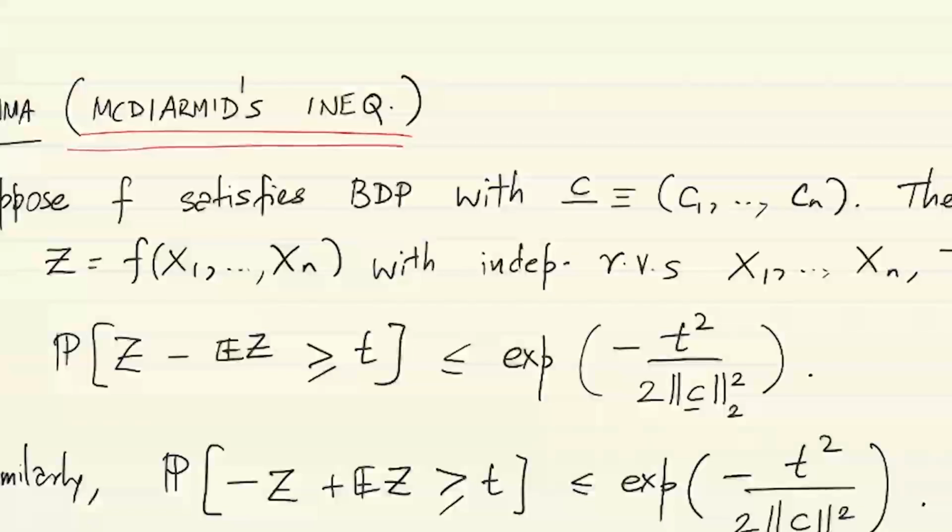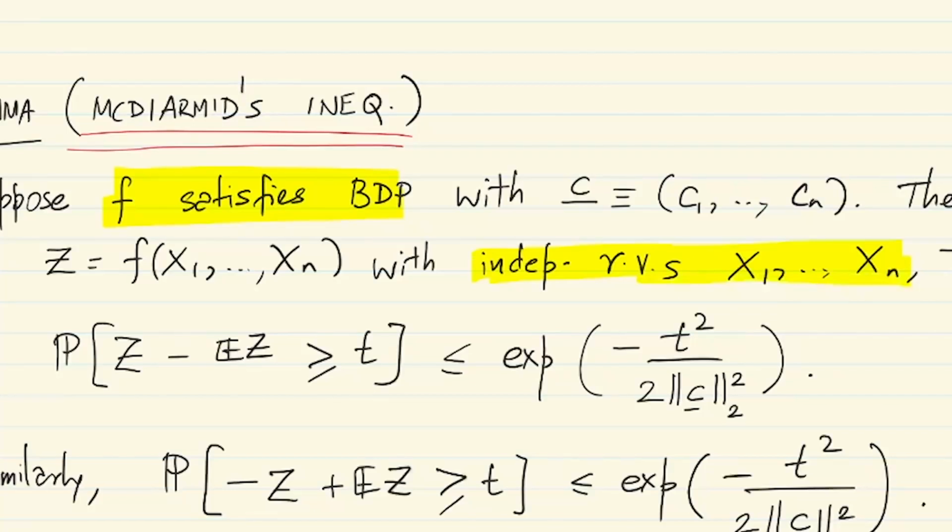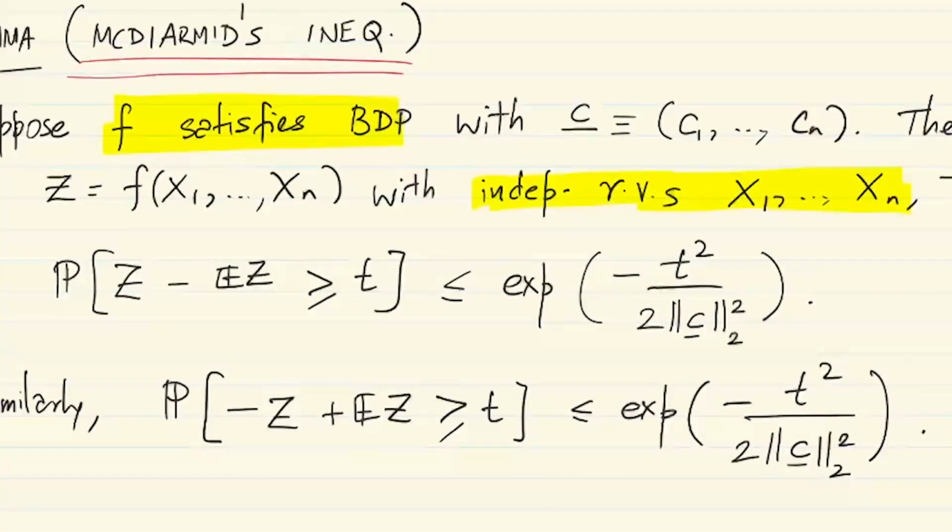The setup is that if we have a function f that satisfies a bounded differences property and you apply f to a bunch of independent random variables x1 through xn, giving Z, then the probability that Z deviates from its expected value by a number more than t, where t is positive, is at most e raised to minus t squared by 2 times the L2 norm of the vector c, the whole squared.